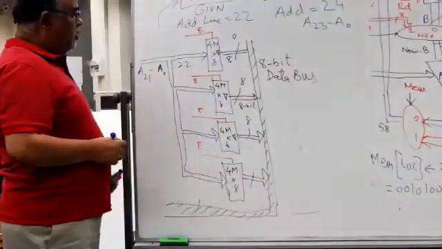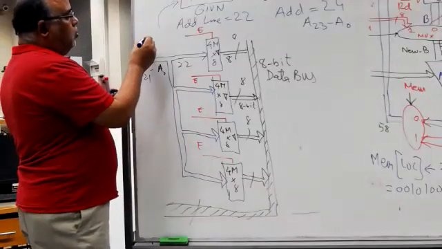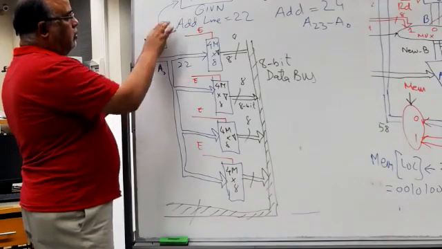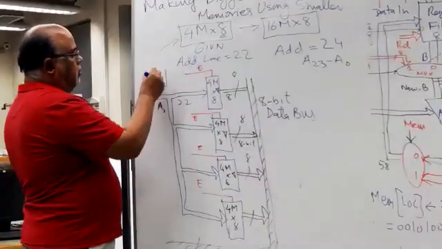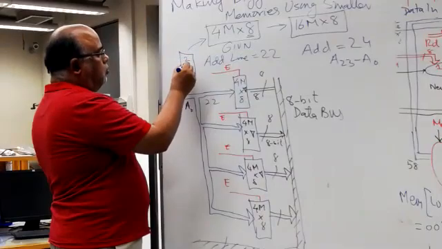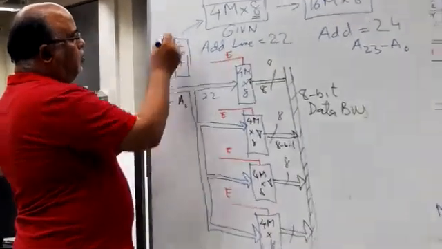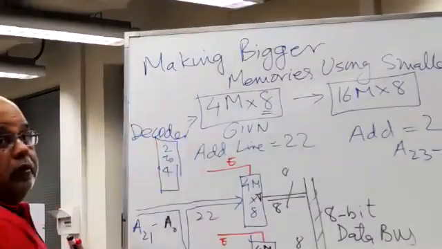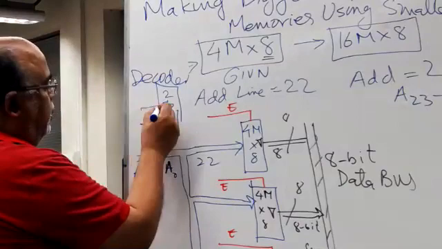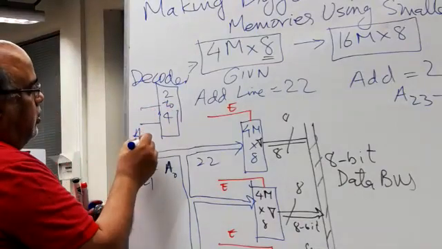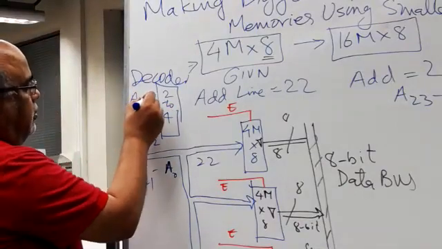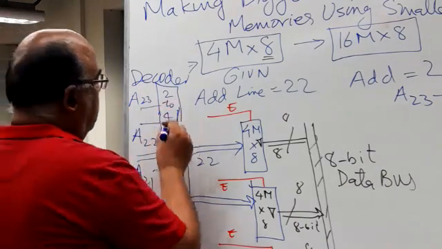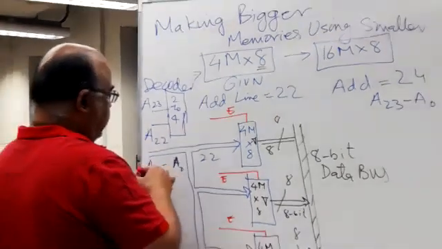A0 to A21 are common, and A23 and A22 go to a decoder, a 2 to 4 decoder. So this has the two remaining address lines. This is A22. This is A23. So since this decoder has 4 outputs, they go to these enable lines over here.